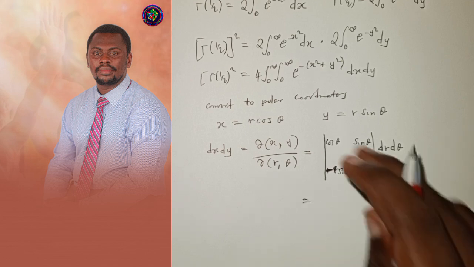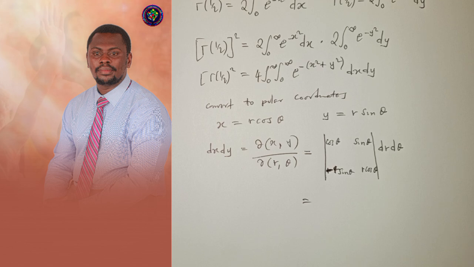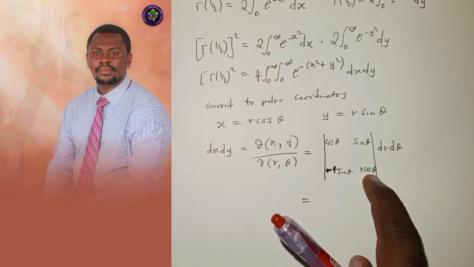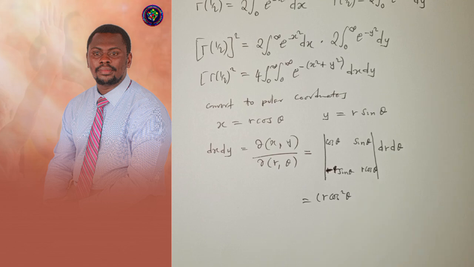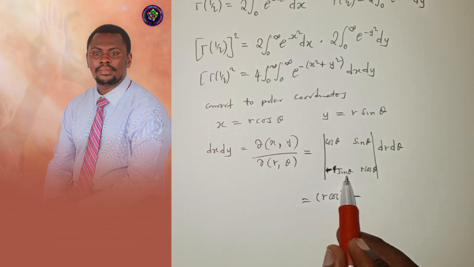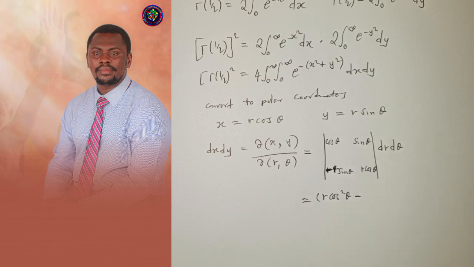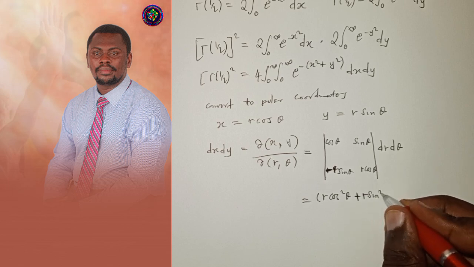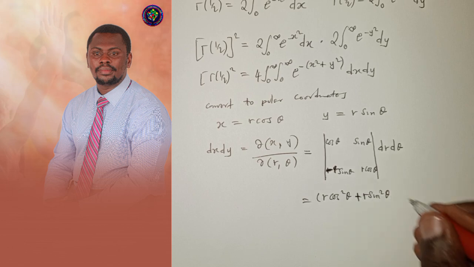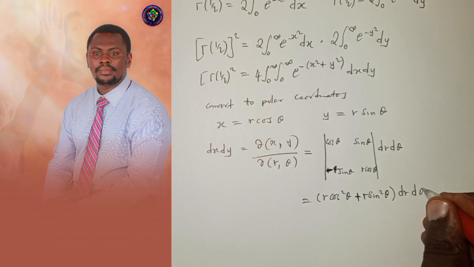Then we find the determinant of this, so you just cross multiply. Cos theta multiplied by r cos theta gives r cos squared theta. Then minus, this is minus r sin theta multiplied by sin theta, we get minus r sin squared theta. Now there is a minus here, so it will make positive, so plus r sin squared theta. Then we have dr d theta.